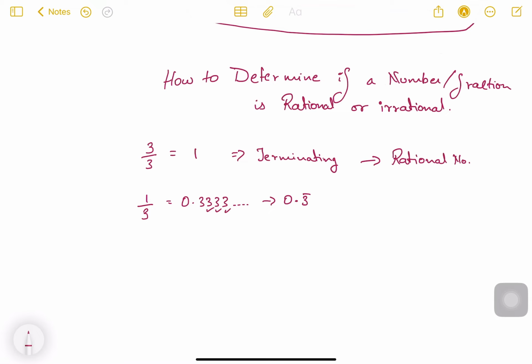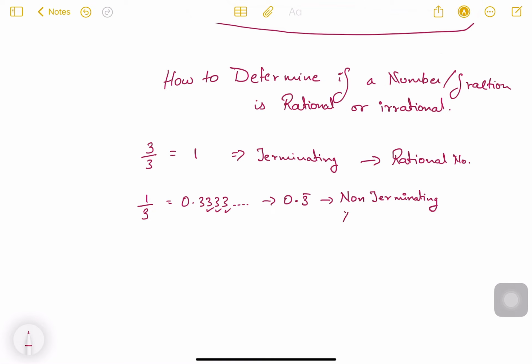So when we talk about 0.3333 which keeps repeating, we get non-terminating, because it is not terminating. 3 is continuously going and keeps on growing. It is non-terminating, but these are repeating or recurring.